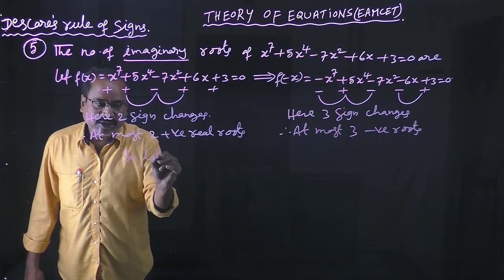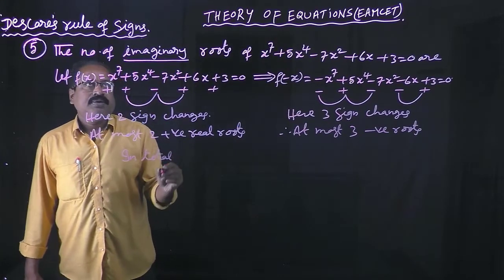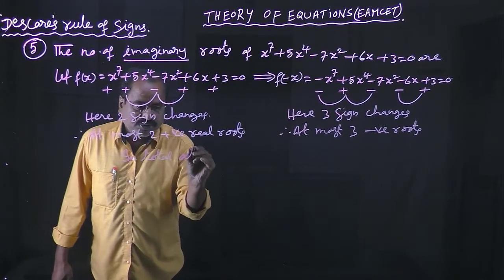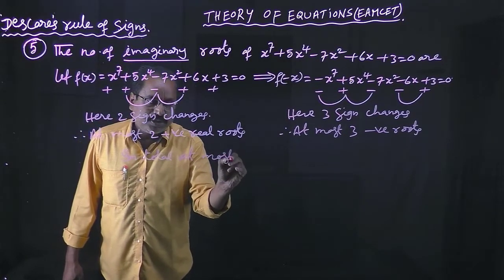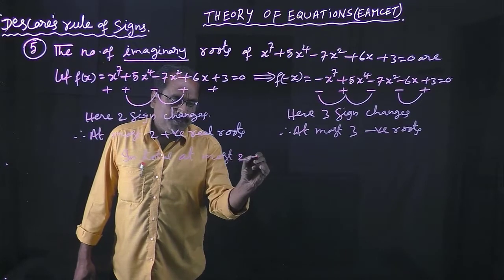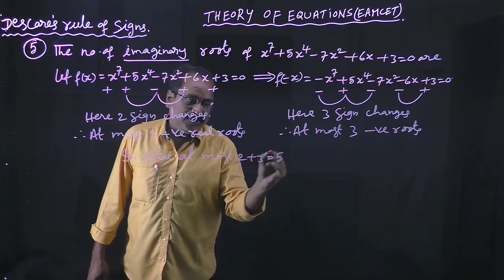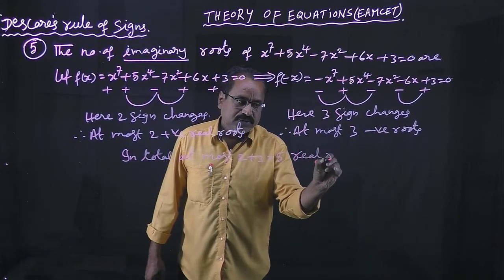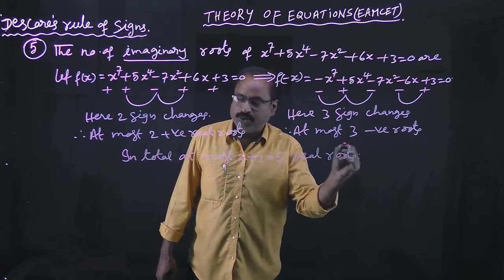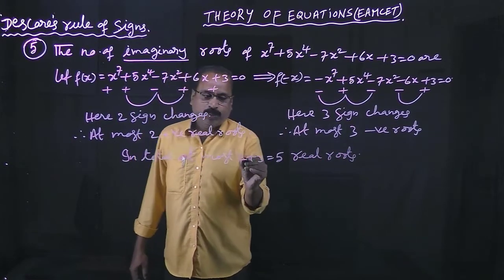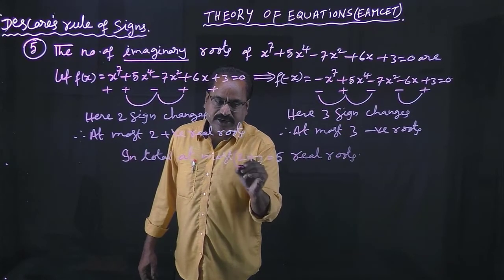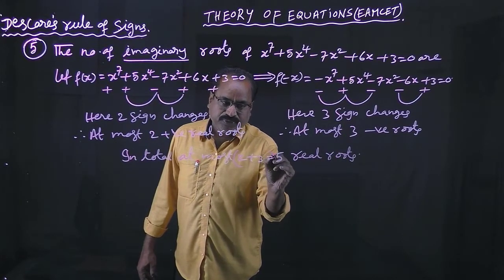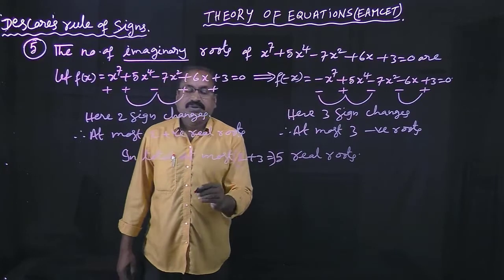In total, at most 2 plus 3, that is equal to 5 real roots.